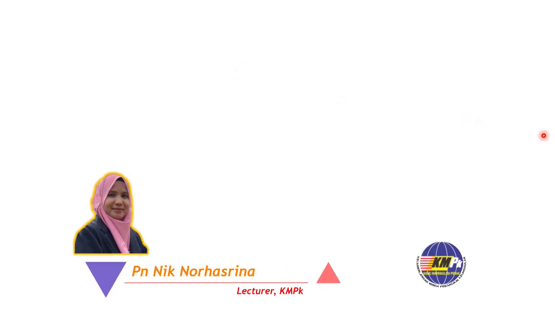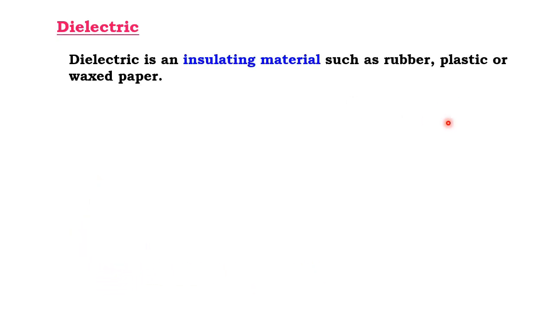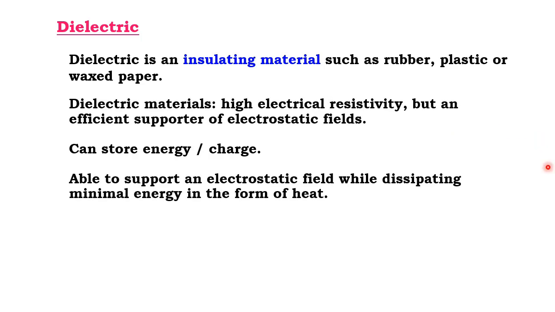In the previous slide, you learned that a dielectric is an insulating material such as rubber, plastic, wax paper, mica, and so on, and it has high electrical resistivity but is an inefficient conductor. Of course, it can store energy or charge and dissipate minimal energy in the form of heat.